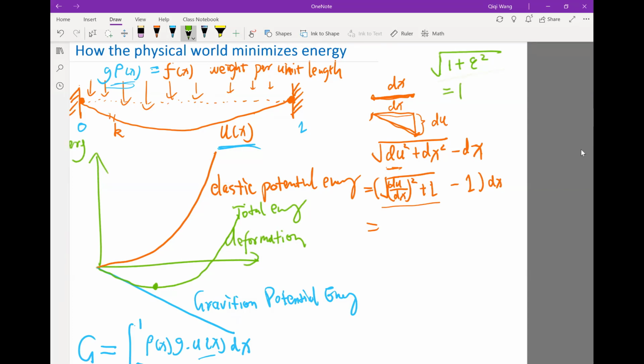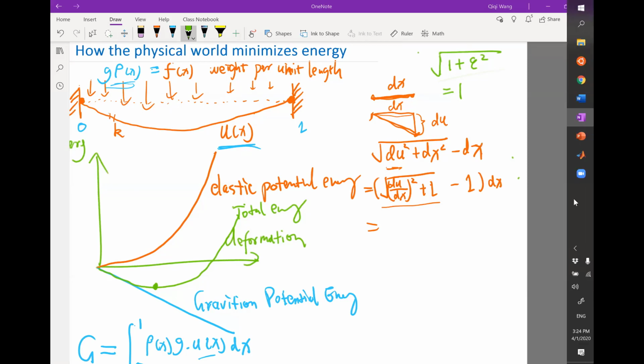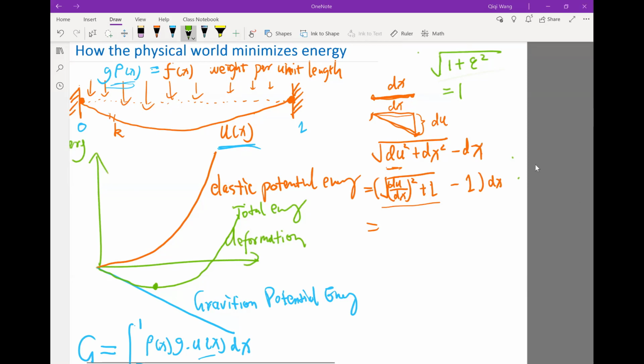First of all, when epsilon is equal to 0, it is equal to 1. When epsilon is small, you take the derivative of this function with respect to epsilon.